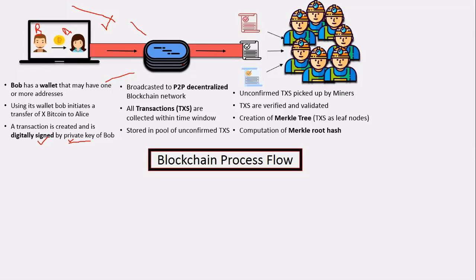Miner means you are now able to participate in the process of creating a new block, which is called mining. All right. So all these unconfirmed transactions are picked up by the miners, which are across the globe. And you never know how many miners are there at a particular instant of time, as anybody can join the system and they can leave the system.